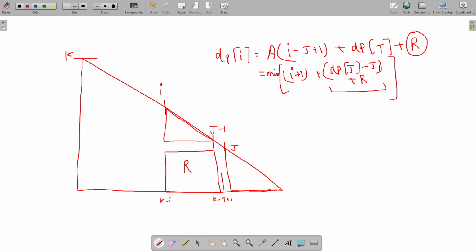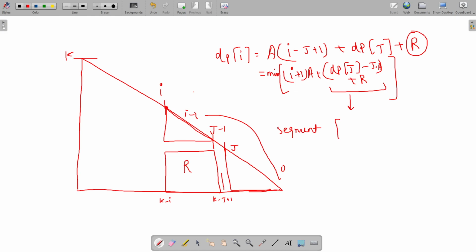Okay, and then we can rewrite it as (I plus 1) into a plus dp of j minus j into a plus r. So let's assume that we have a segment tree, or any range structure, where, standing at this I, for each j from I minus 1 to 0, we have stored this value.